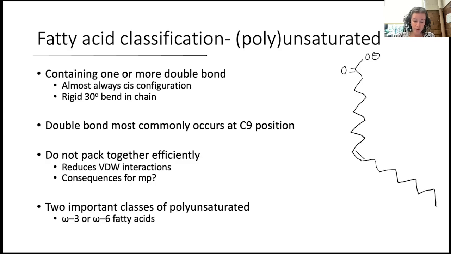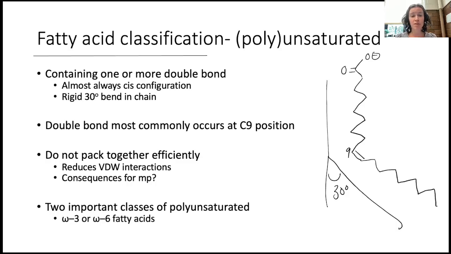Okay, so what you can see is that I've created this 30-degree bend in the chain. And this is what an unsaturated or polyunsaturated fatty acid would look like. The most common place to see the double bond, if there's one or if there's more than one, is at the C9 position, and hopefully I counted that out right when I drew it for you.